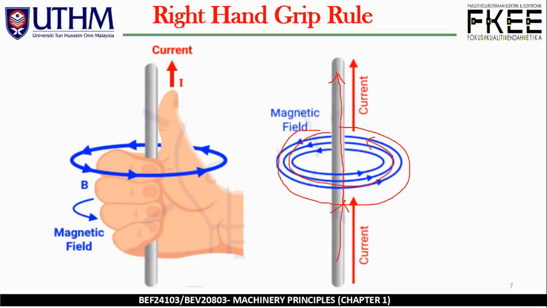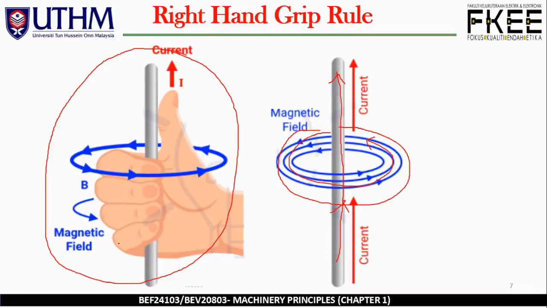So this is a basic magnetic field with respect to the current, and this can be represented by this rule, the right hand grip rule.